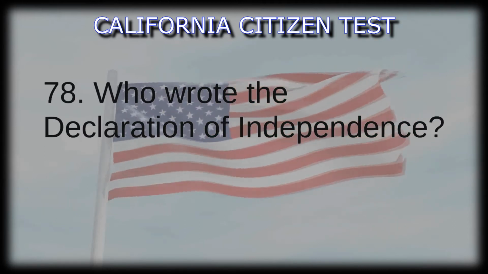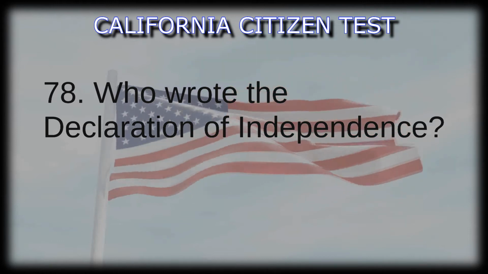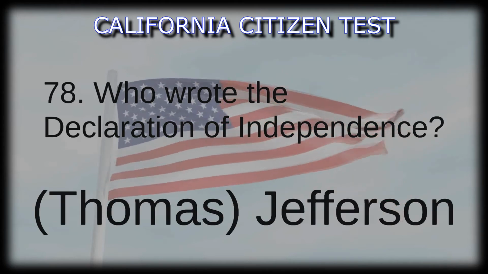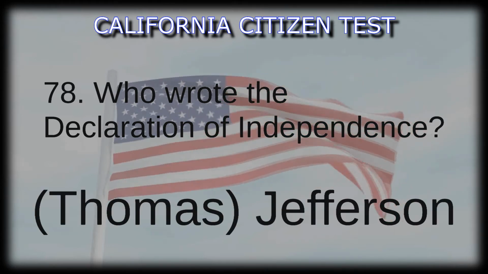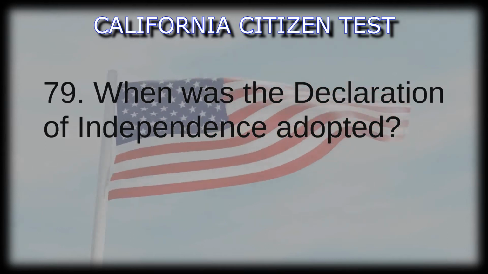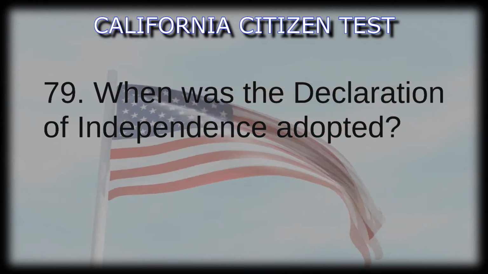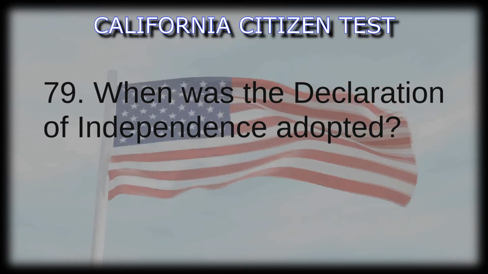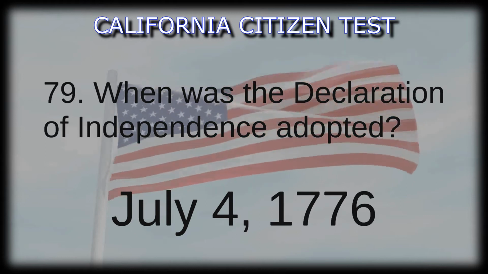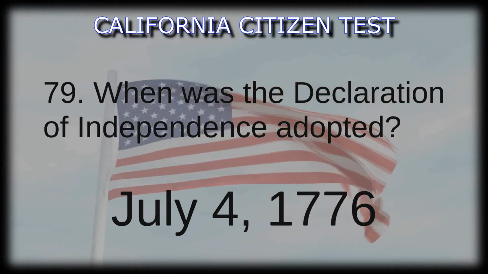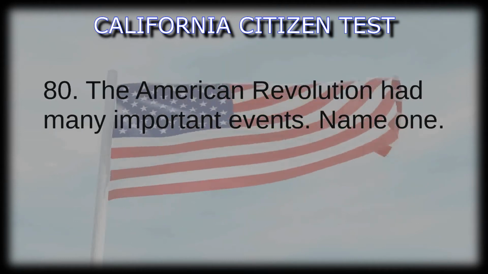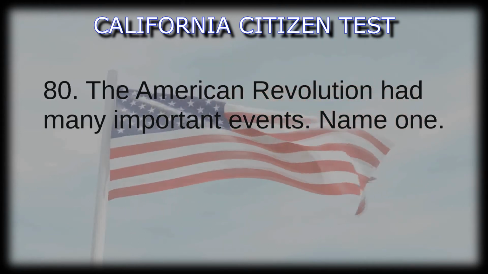78. Who wrote the Declaration of Independence? Thomas Jefferson. 79. When was the Declaration of Independence adopted? July 4, 1776. 80. The American Revolution had many important events. Name one.